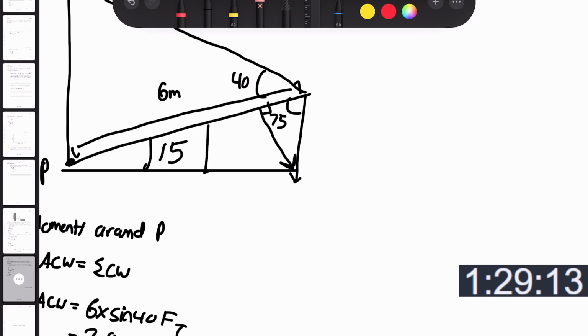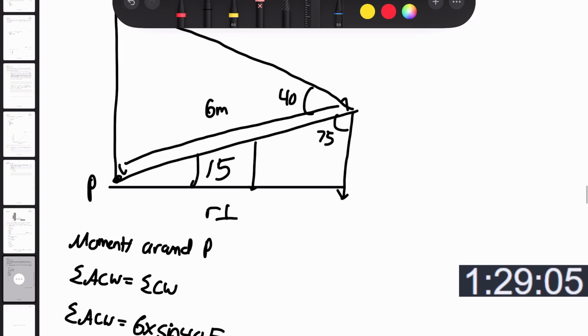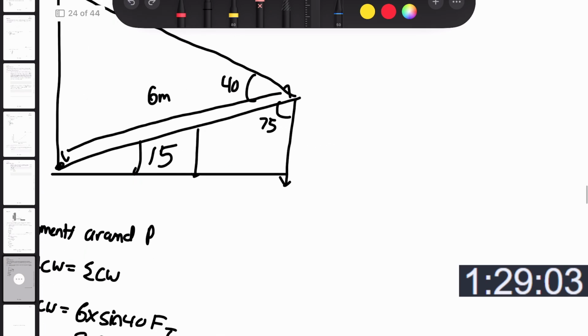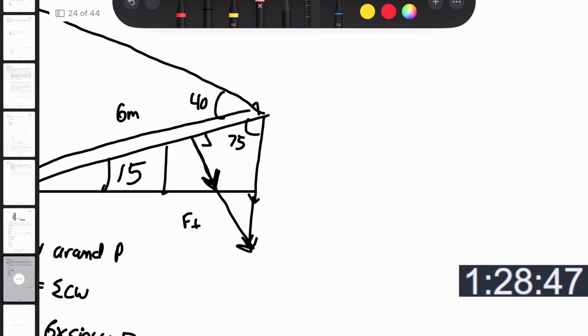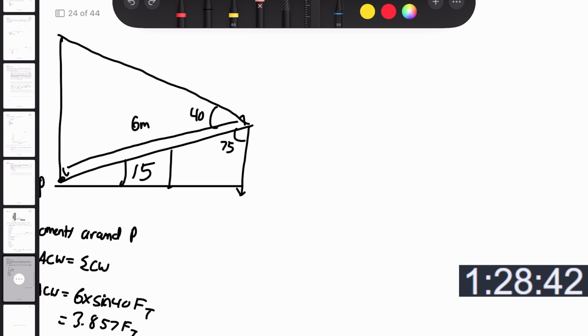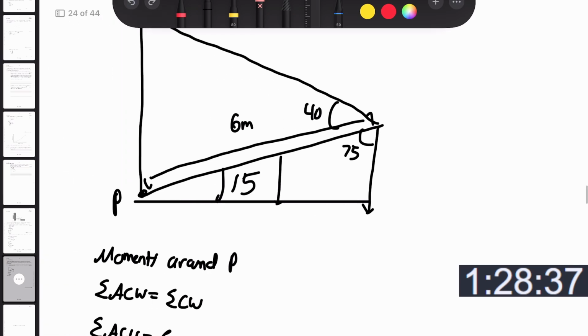Yeah, so sine of 75. What I want is either the perpendicular radius, which is going to be sine of 75, or the perpendicular force, which if I make that a right angle, that's also going to be 75 degrees. If I match these up, that's 75, and then that's my perpendicular force to the radius. So yeah, sine of 75, because then that would be my hypotenuse.